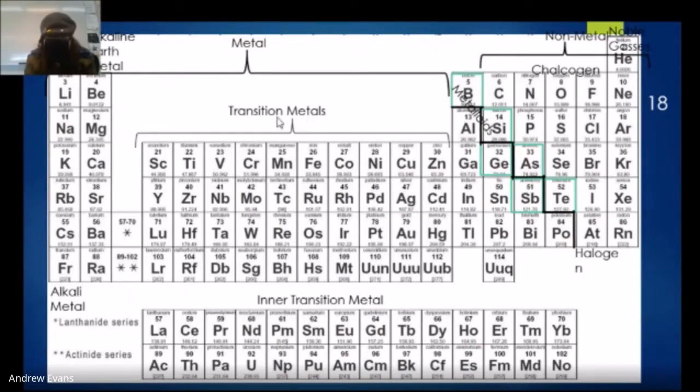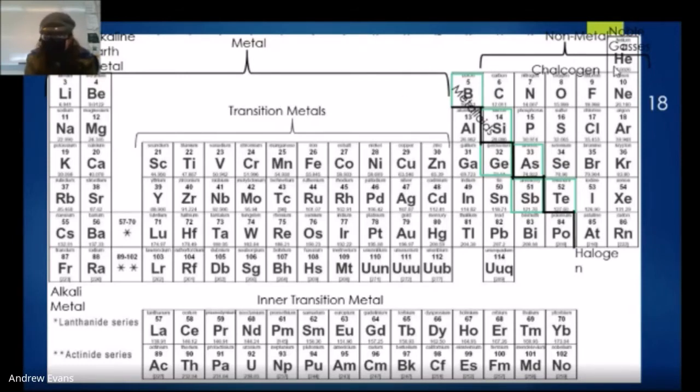This center area is all transition metals. We won't deal with them too much because the properties are kind of funky. And then we have the last bit of our metals right here: aluminum, gallium, indium, tin, bismuth, polonium, lead. But all of these fit under the metal category.